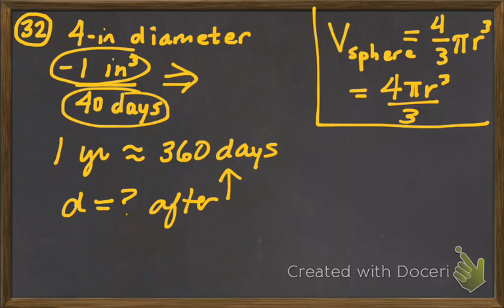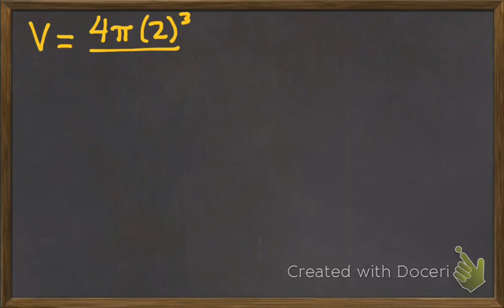So the first order of business is to figure out what the initial volume was of one snowball. And we're going to do that by substituting what we know into the formula, and we were given the diameter as 4, so we're going to plug in 2 as our radius. So we're going to have 4 pi times 2 cubed over 3.